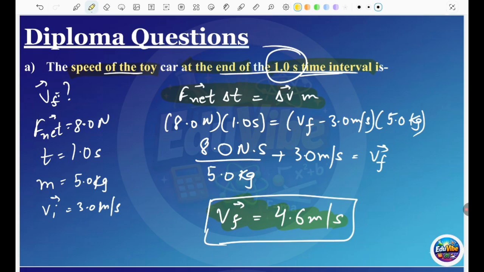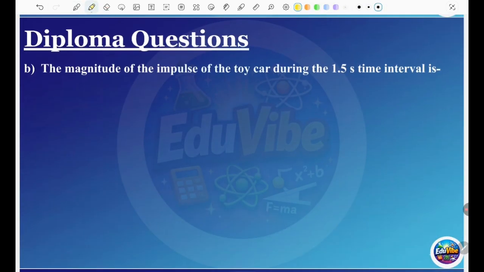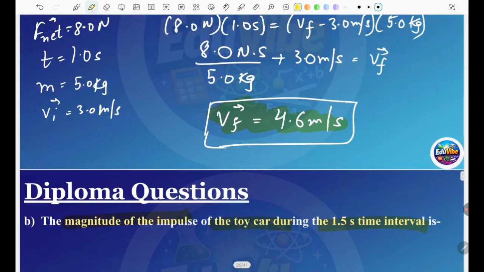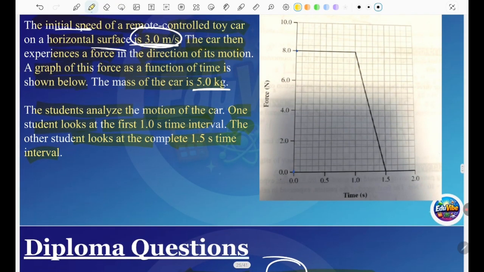That's how we find this with this formula, where both sides are equal to the impulse, which is the change in momentum. In the next part, we have to find the magnitude of the impulse of the toy car during the 1.5 second time interval. So we have to find all the area under the graph, but we don't know the area of this type of shape.